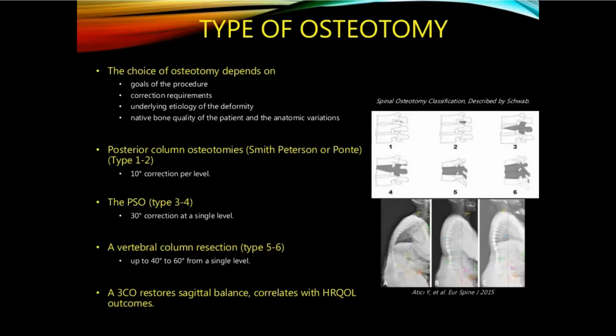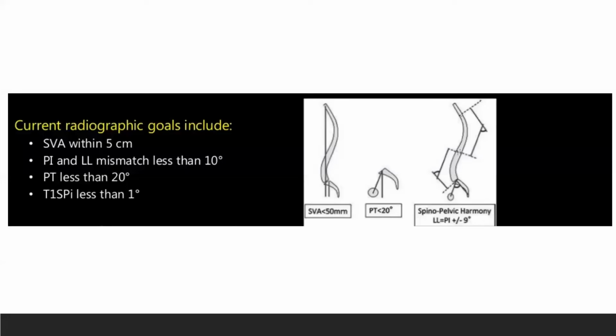When you do a type 5 or type 6, a VCR, vertebral column resection, you get up to 40 to 60 degrees of correction from a single level. A 3-column osteotomy restores the sagittal balance and correlates with health-related quality of life outcomes. The radiographic goals of our surgical management are SVA within 5 centimeter, pelvic incidence and lumbar lordosis mismatch less than 10 degrees, pelvic tilt less than 20 degrees, and T1 spinopelvic angle less than 1 degree or 0.